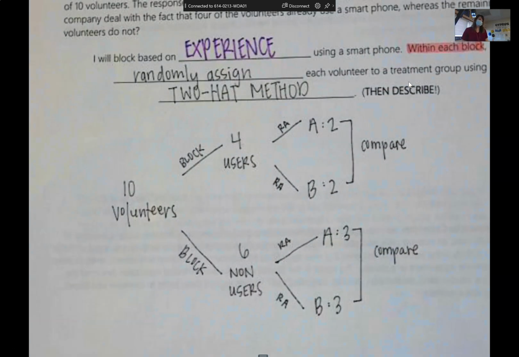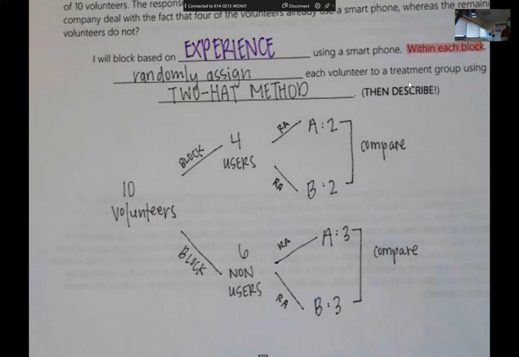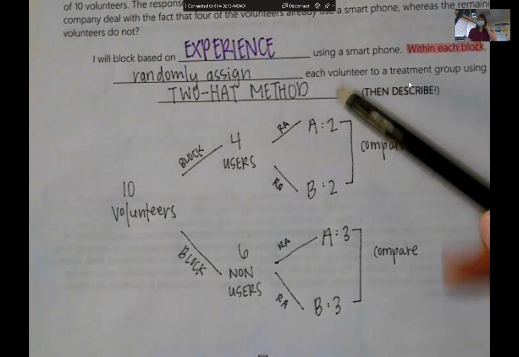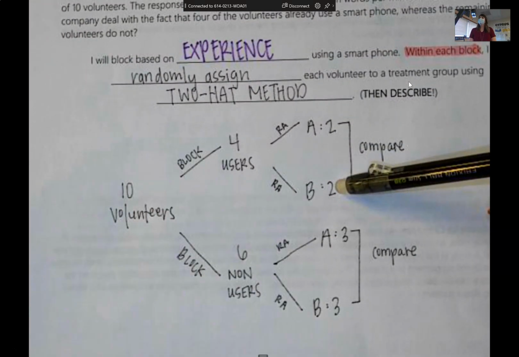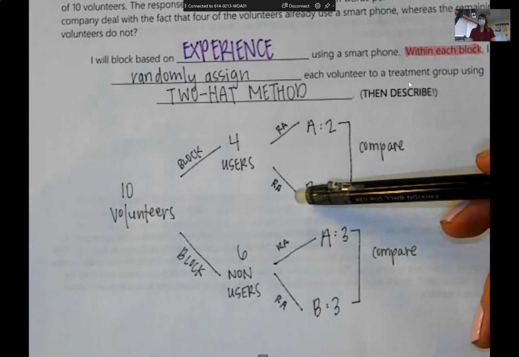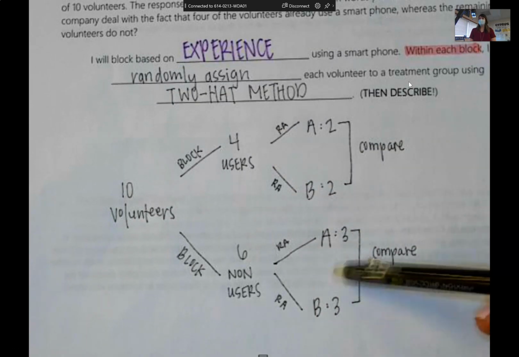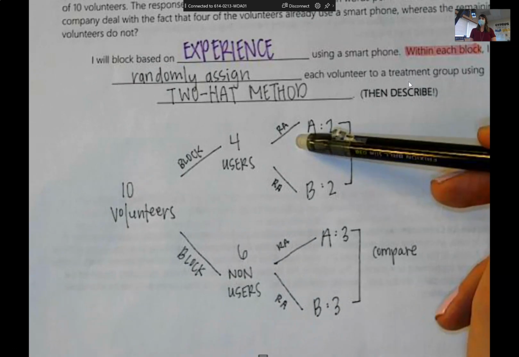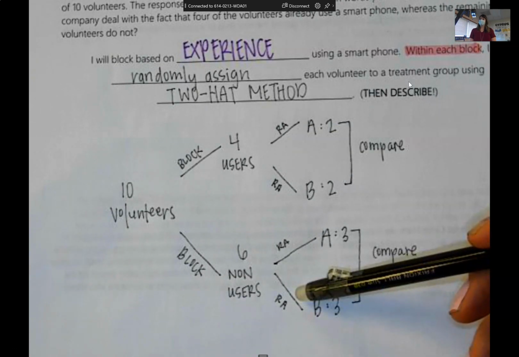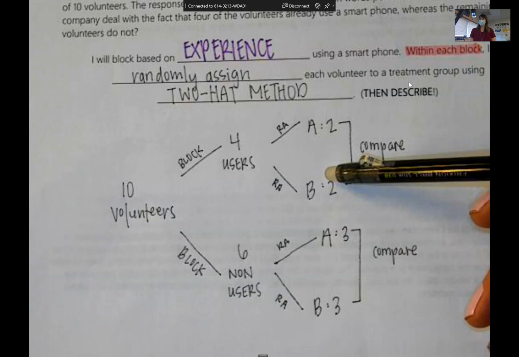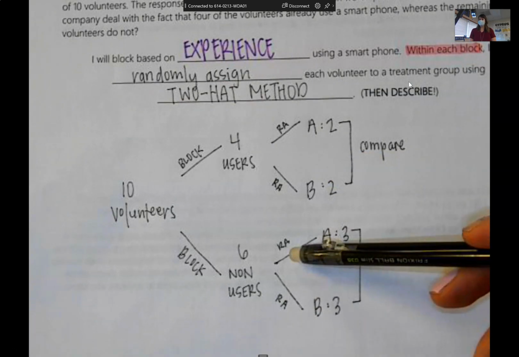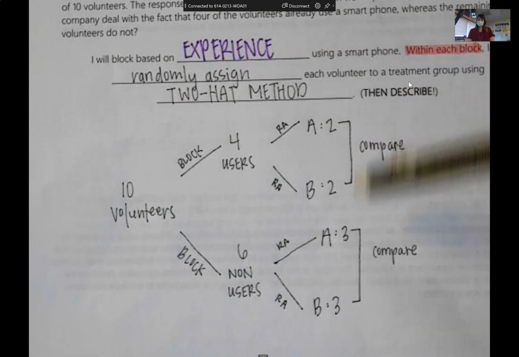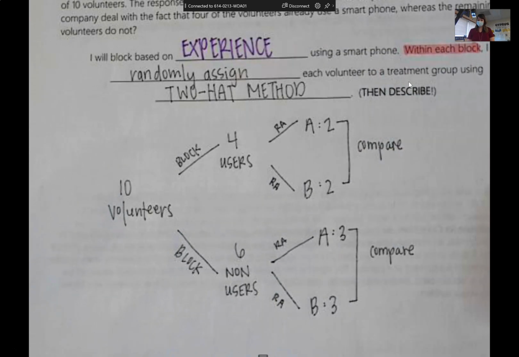By doing that, you eliminate, it's not the best word, but by doing that, you block the effect of their experience on the results. We can look at these two together, knowing that these people are going to type faster overall than these people. These people know how to use a smartphone, these people don't. So their scores, both groups, are going to be probably higher than these ones. So we compare theirs together, we compare theirs together.